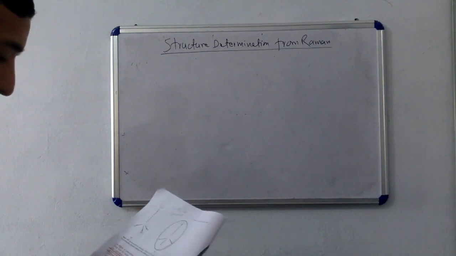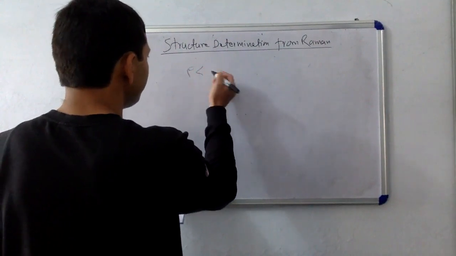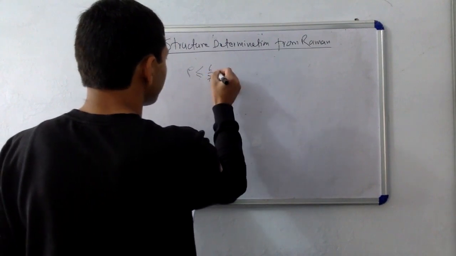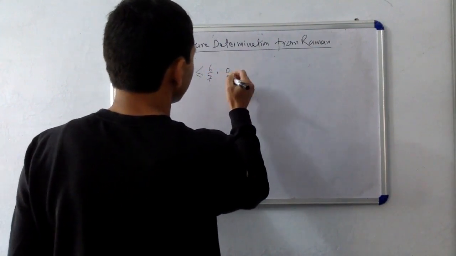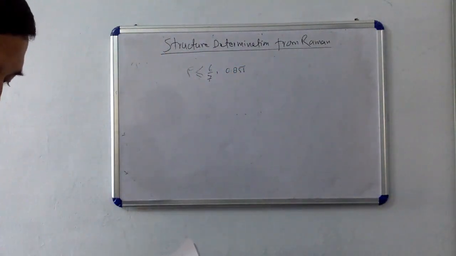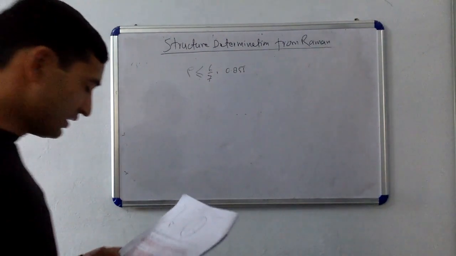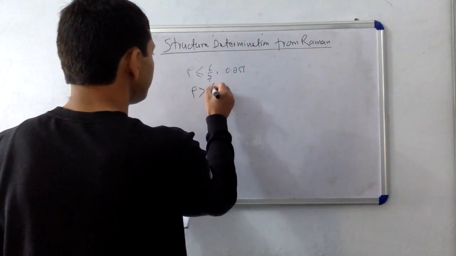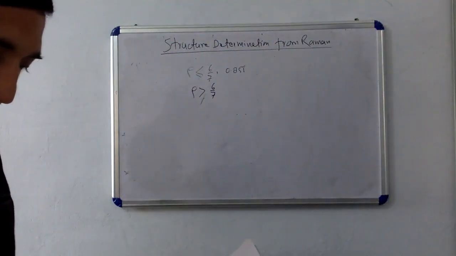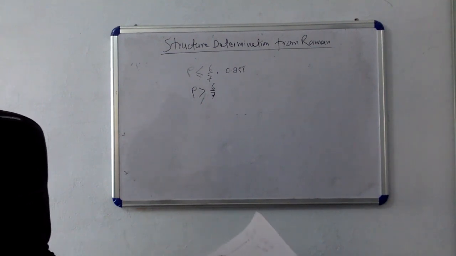Theoretically, if the degree of depolarization rho is less than or equal to 6/7, that is 0.855, then the vibration concerned is symmetric. If rho is greater than 6/7, then the line is depolarized and the vibration is non-symmetric.